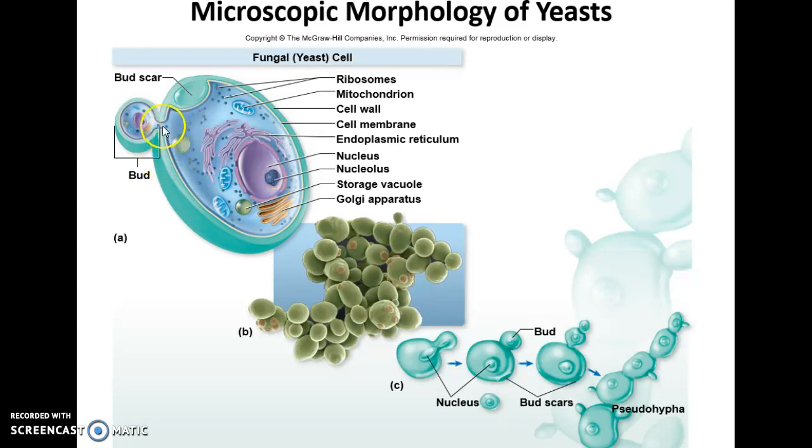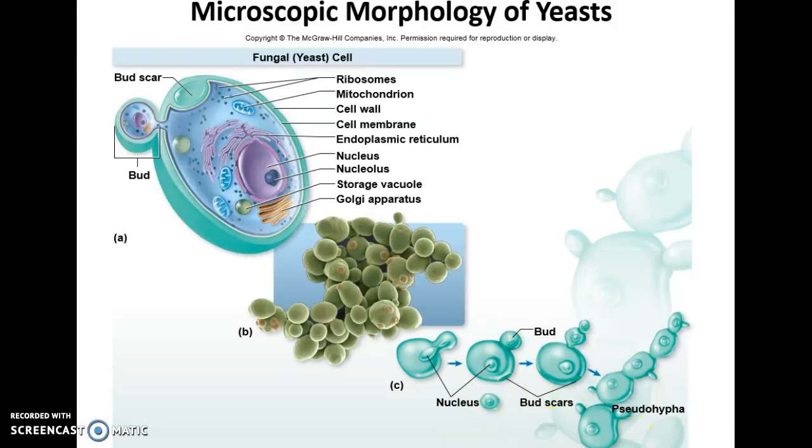And what's interesting is each time the parent cell gives off a new cell, it leaves a bud scar. And if you look at this on the microscope slide, you can actually see that. And this is really what it looks like. It's pretty cool to see this process on the microscope slide.